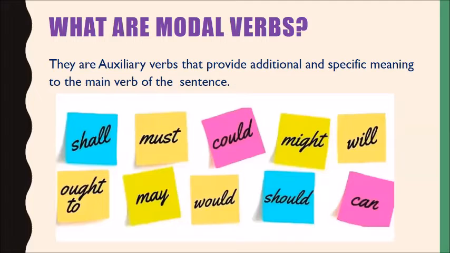Remember that they have a function as auxiliary verbs. They complement the sentences. The most common modal verbs that we know are shall, must, could, might, will, ought to, may, would, should, and can.